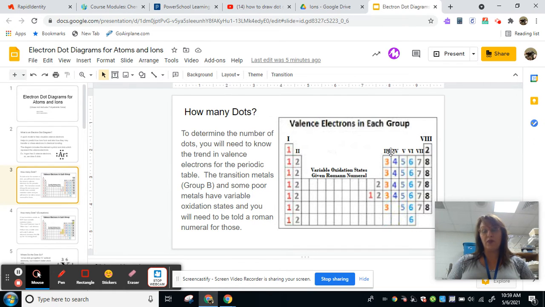And if you look on your periodic table, there will also be the letter A after that Roman numeral. That means that those elements are representative elements, which means all of the elements in those groups follow that rule. The ones that don't have a known number of valence electrons are a little bit more challenging.